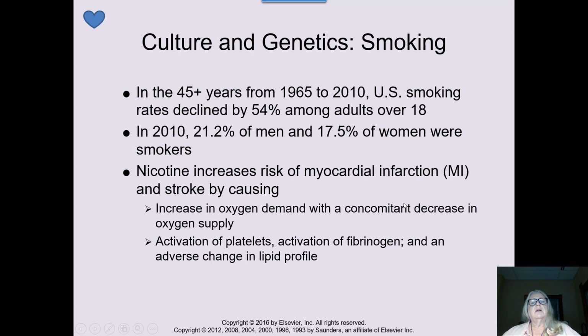Smoking has significantly declined, but there are quite a number of people who smoke. People who smoke have a tendency, not always, to be in the lower socioeconomic area culturally, and that is pretty systemic.